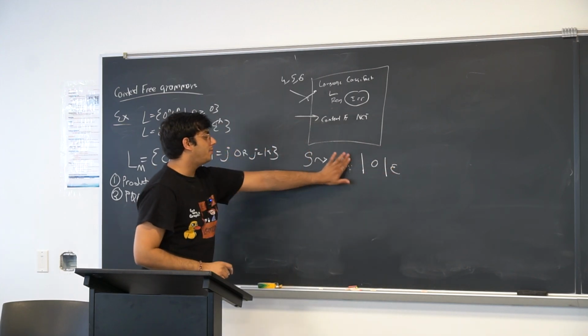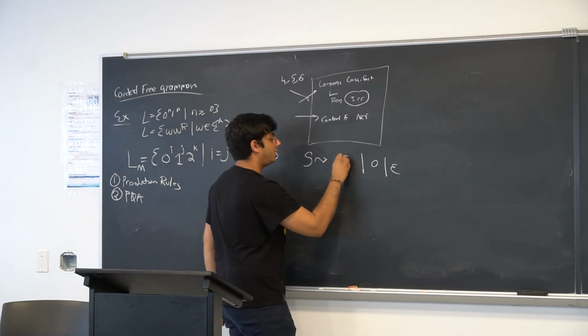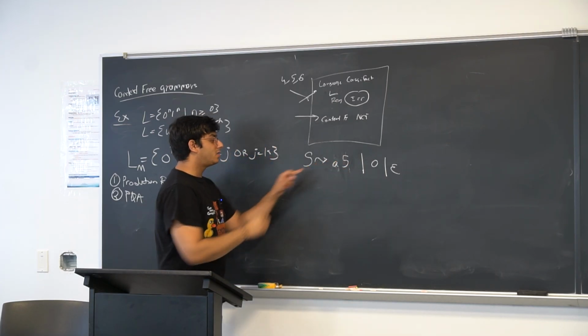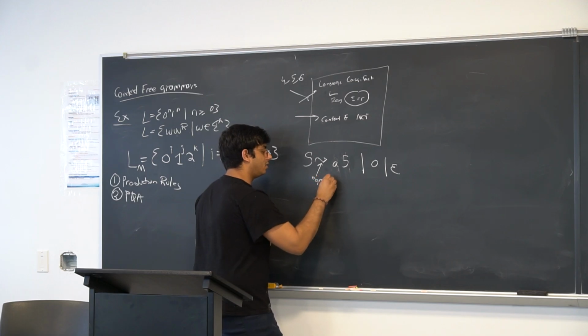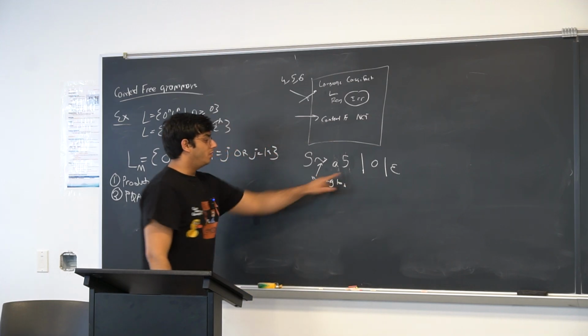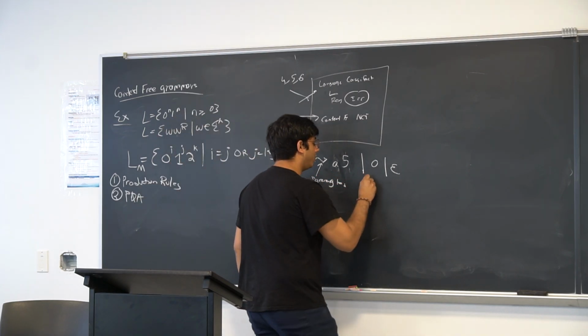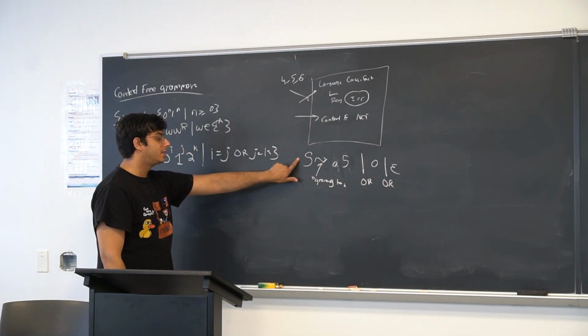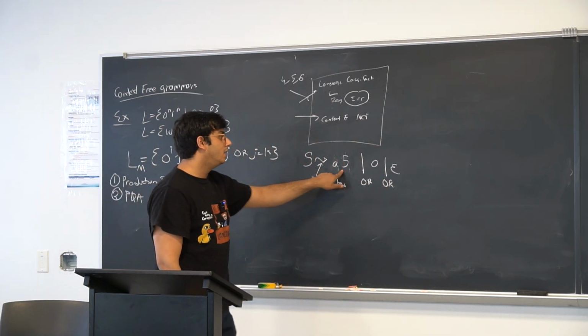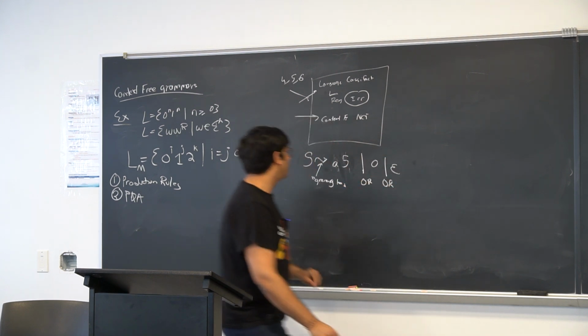I'll just put an S here. What this means is, you can think about this arrow as generates. These bars are basically our ors from regular expressions. This means starting at S, I can generate the string AS, or 0, or epsilon.